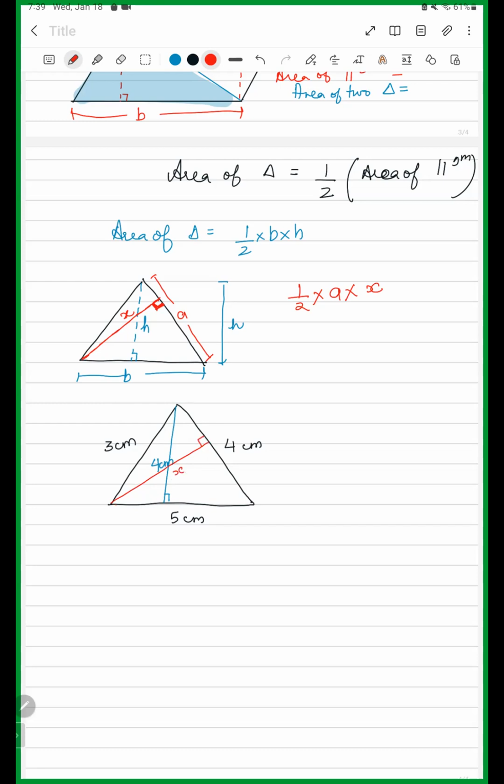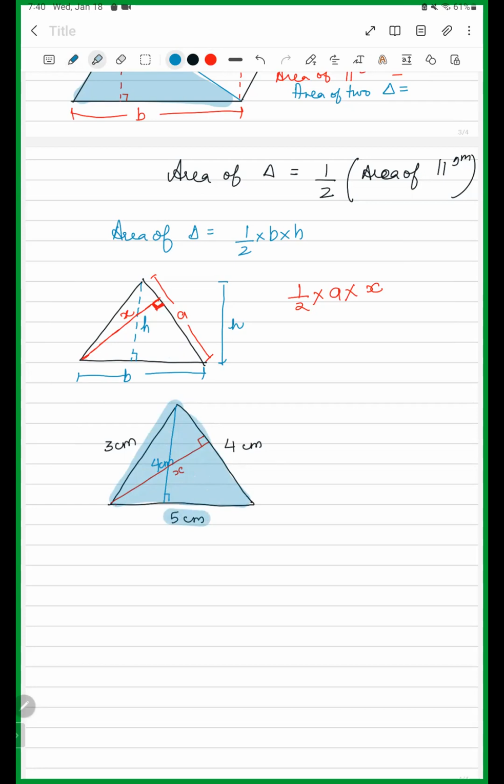How will you do that? So first of all, ignore the red line segment. Now what you do, you see that this is a triangle.